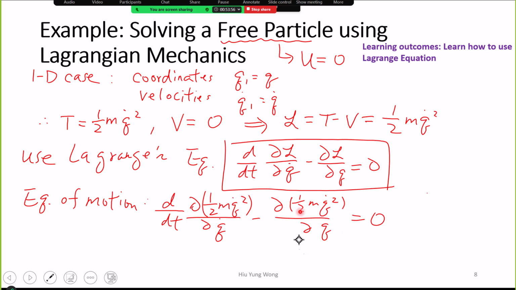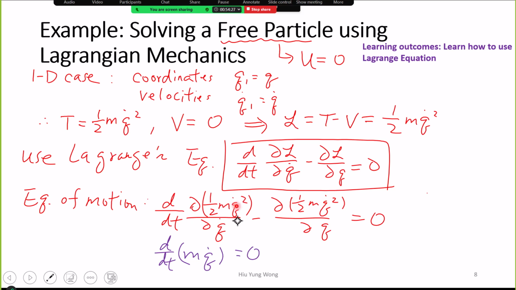What is this term? 0, because this term does not have q. So partial of this term with respect to q is 0. And this term is just like what we learned earlier, right? This is just equal to d dt of m q dot, right?